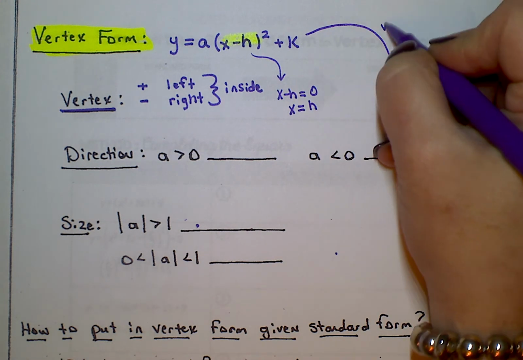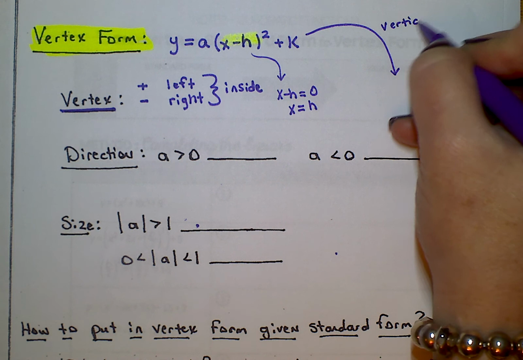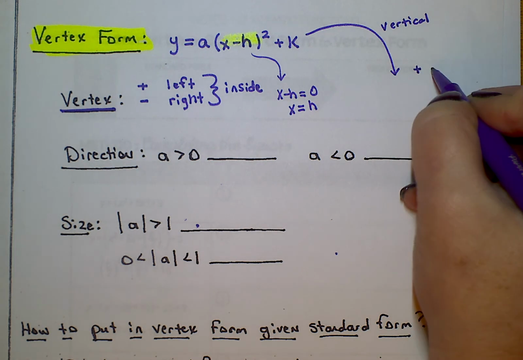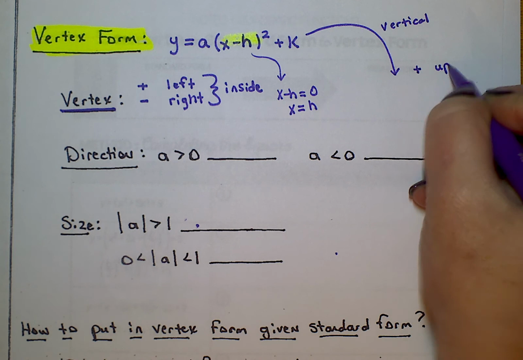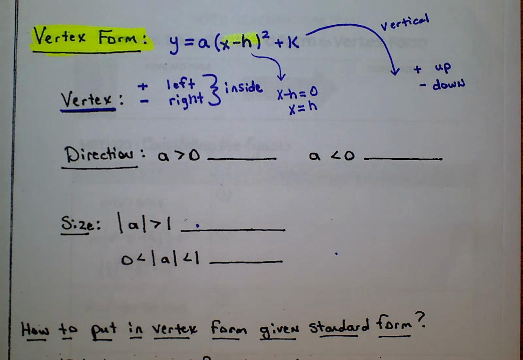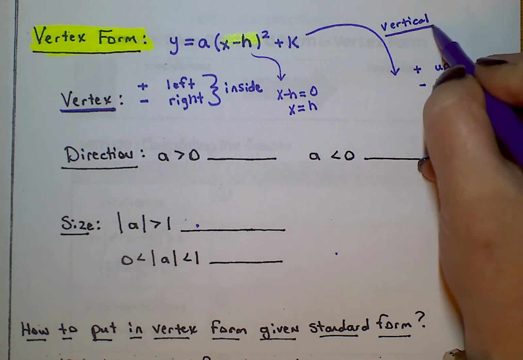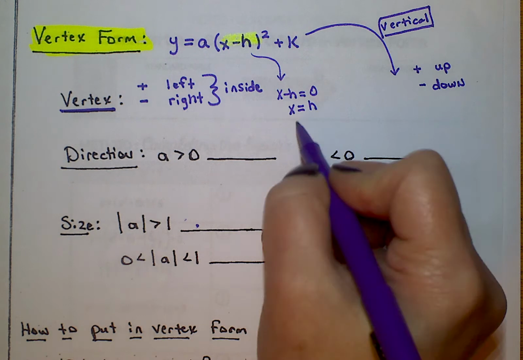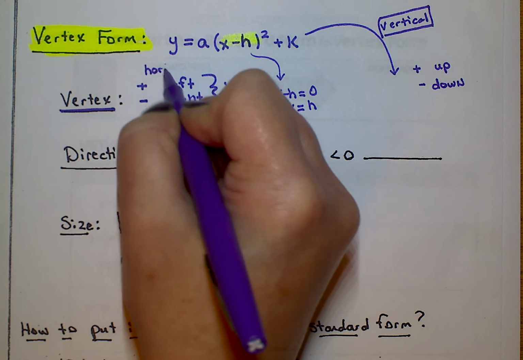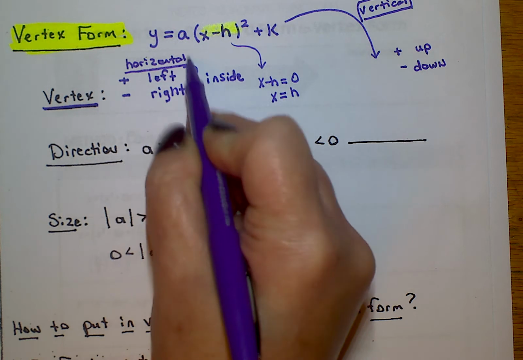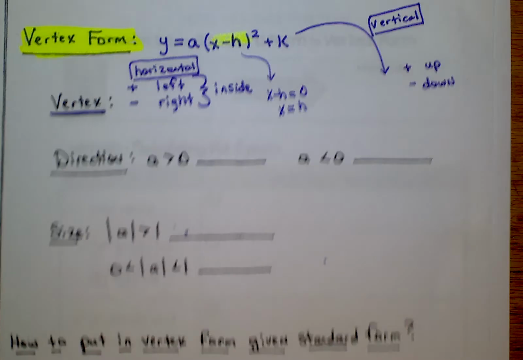Now the outside is going to affect the vertical, okay? Remember, if it is a plus, it moves up, and if it is a minus, it moves down. So that's going to affect your vertical. That's your up or down. This one is going to affect your horizontal when it's inside, which is left or right.